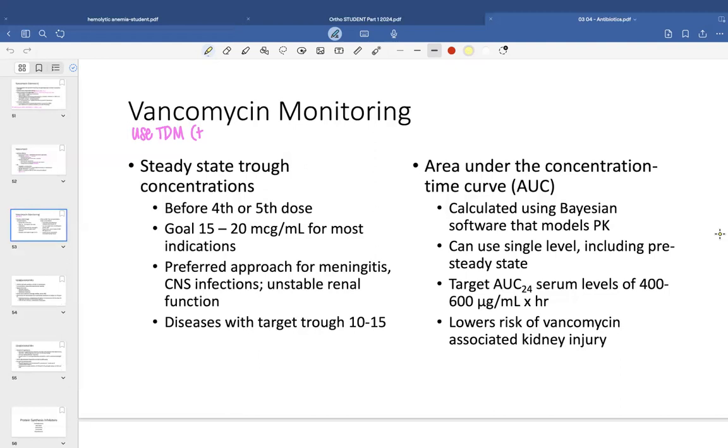And the other extreme is pure concentration dependent killing, where you really want to get a high level at least just once, and let the post antibiotic effect do its job. Here, though, vancomycin really is something of a hybrid. You do want to extend that time above the MIC as long as possible, but you're really looking at the ratio, meaning the AUC to MIC ratio.